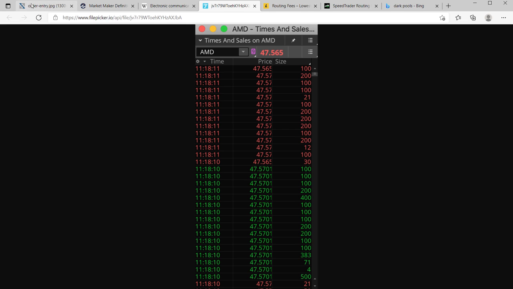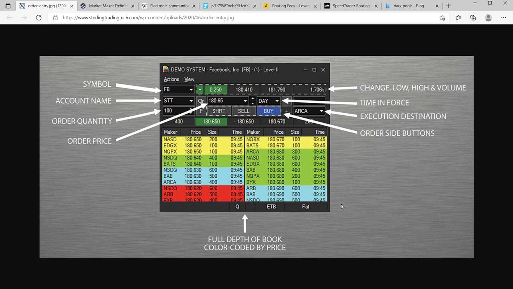And sometimes it doesn't get you as good of a fill. You'll be buying on the ask instead of the bid, or vice versa. You might pay a little bit more, but you get in there immediately. With direct access routing, you can choose your destination.